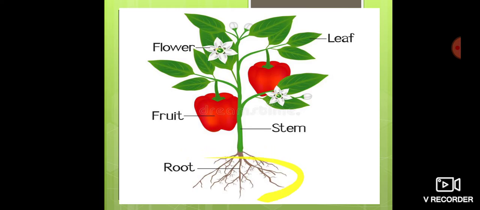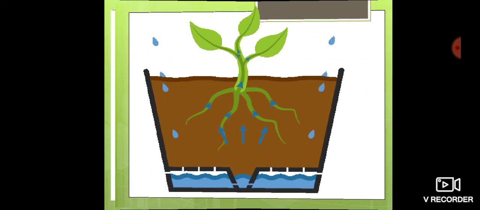It has a root here, that part called root, and the root starts to grow like this green one, which is the stem. So it's a root, and stem.